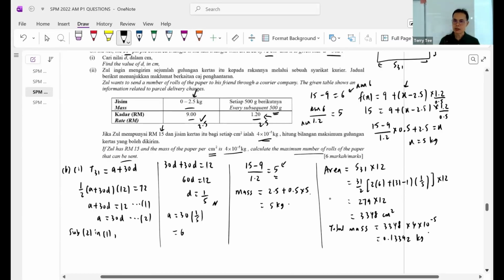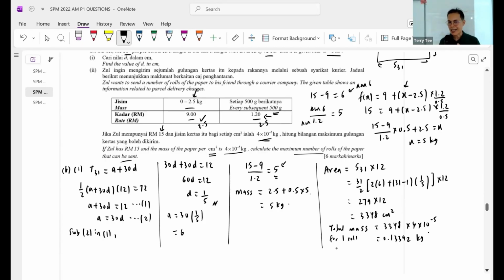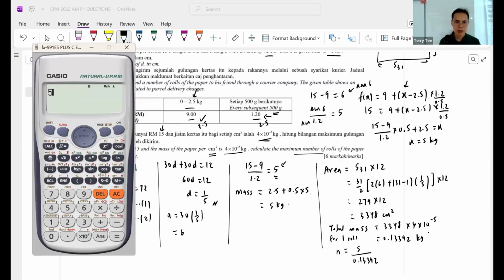Okay, so remember, he can put maximum 5 kg. So this is total mass for one roll. If you want to find how many rolls he can send, take 5 kg, divide 0.13392. Okay, calculator, 5 divided by this answer. What do you get?